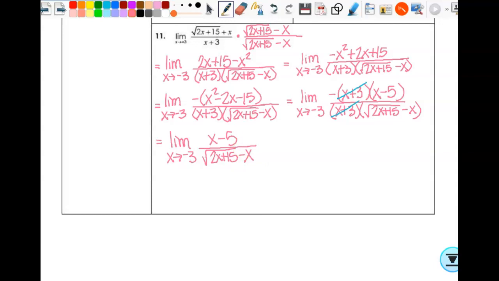Now I can evaluate, and we'll get negative 3 minus 5, which is a negative 8. Negative 3 times 2 is a negative 6, plus 15 is 9. Square root of 9 is 3, then it'll be minus a negative 3. This is going to give me negative 8 over 6, which is a negative 4 thirds.